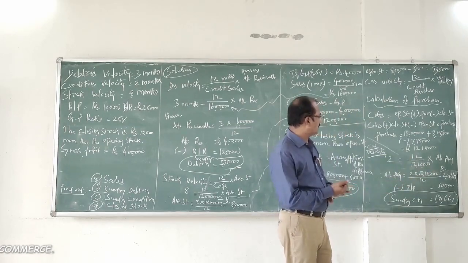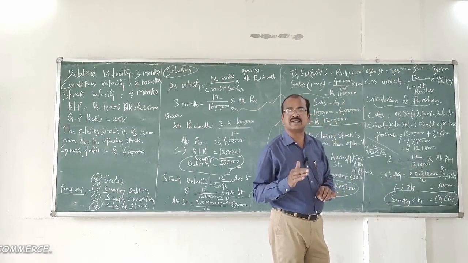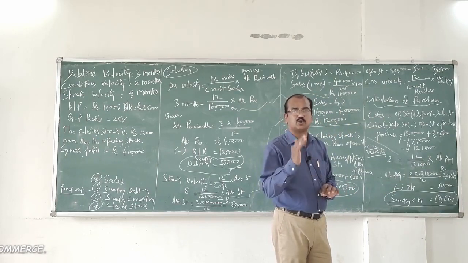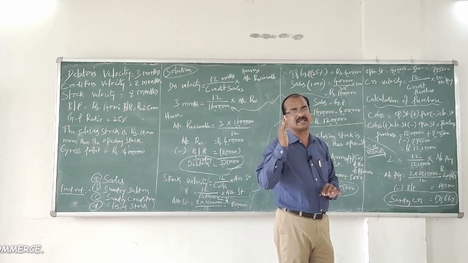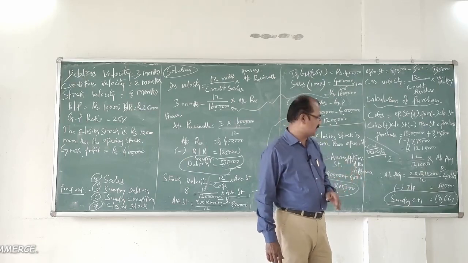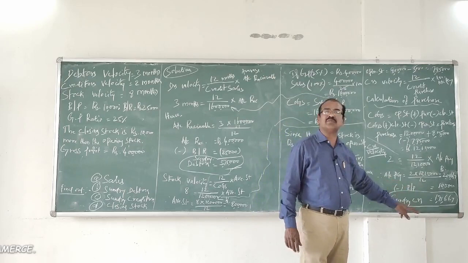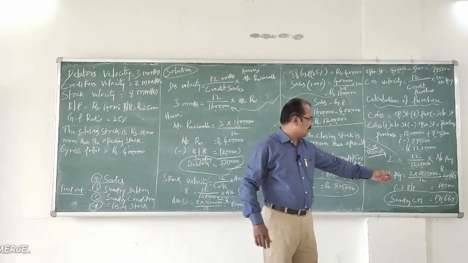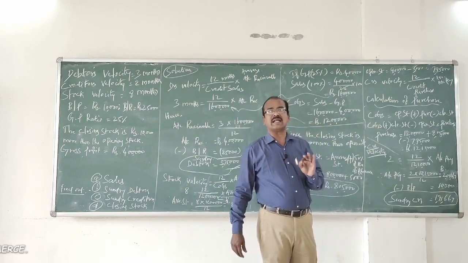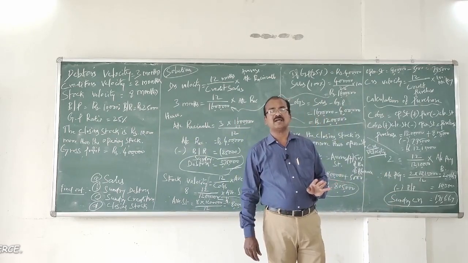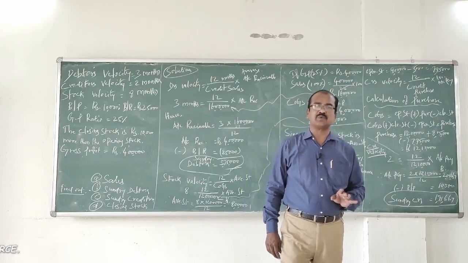The answer is what? 2 lakh 1,666.6666, which could be written as 2 lakh 1,667 rupees. From that accounts payable, if you subtract the amount of bills payable given in the problem, which is nothing but 10,000, the balance is what? 1,91,667. That's the value of sundry creditors in this problem.